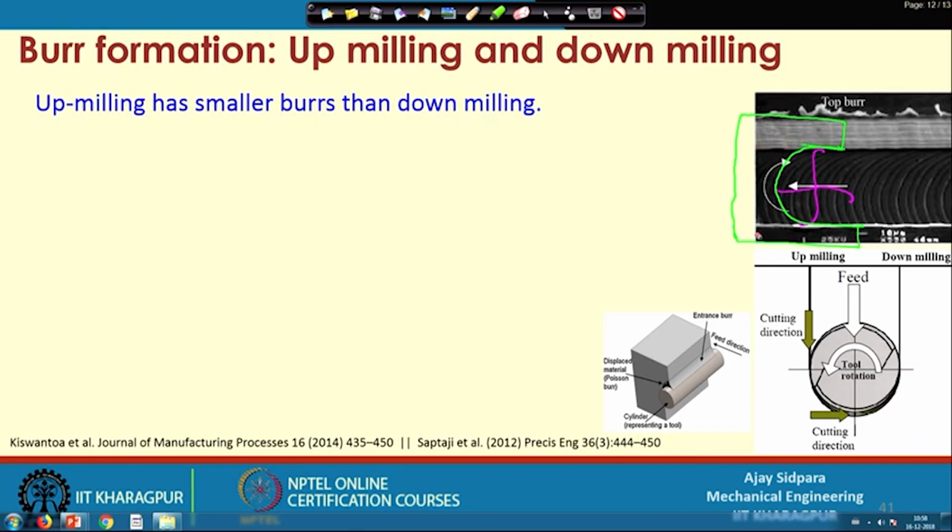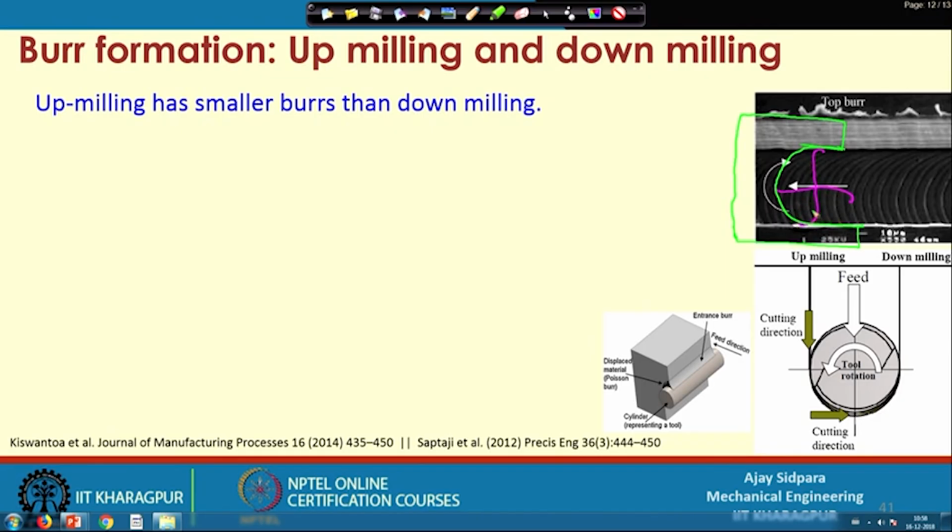Your cutter is slowly going from the right side to the left side and removing the material. Now, consider that you have some burr formation here at the up milling side, at this location.